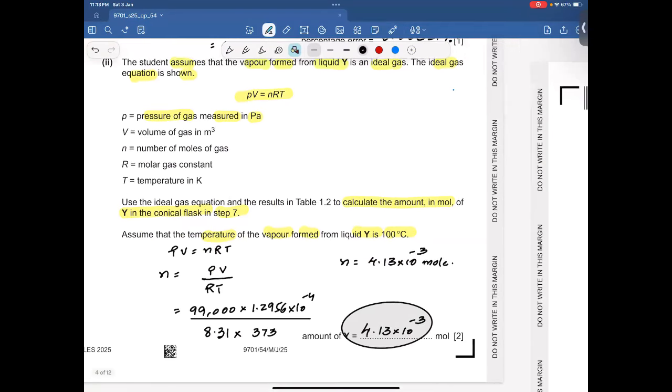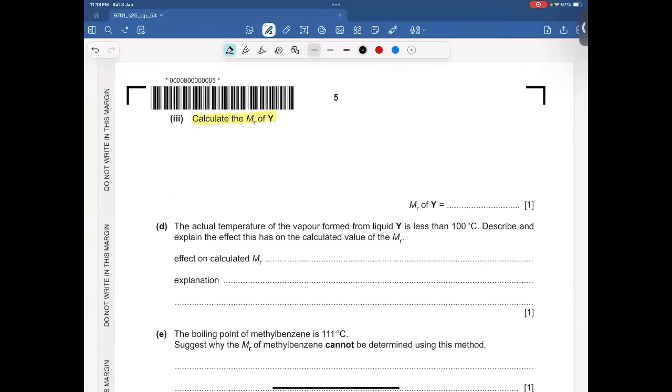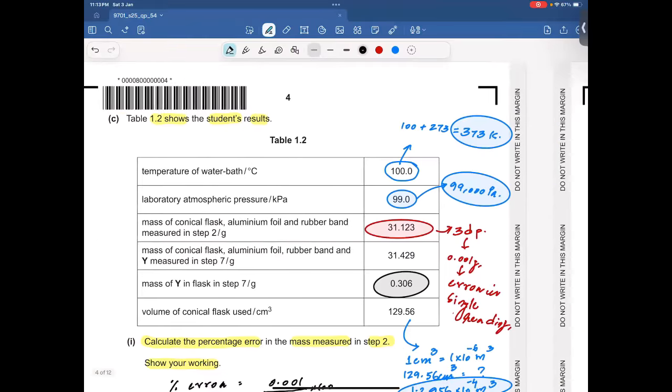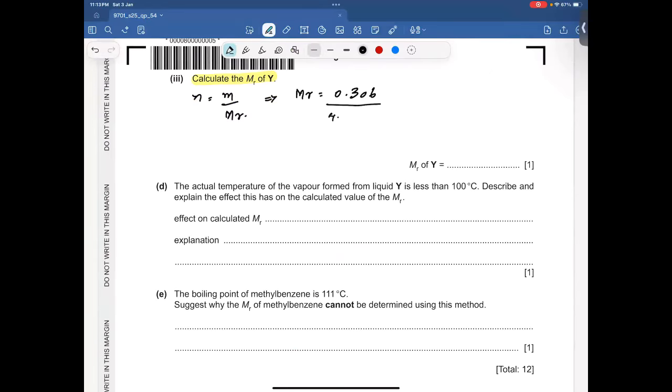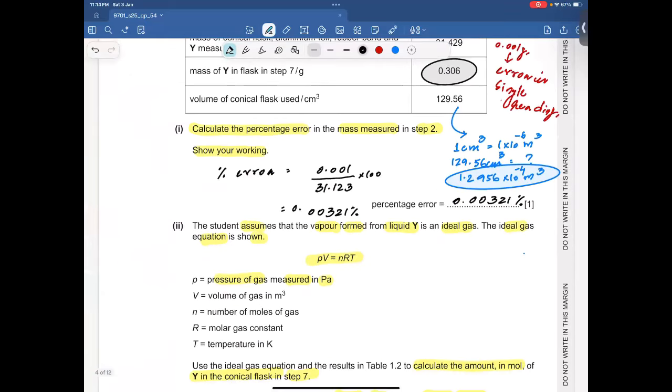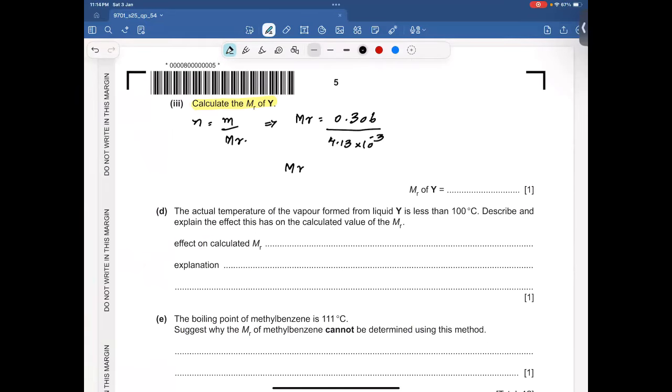Using these two values, I can find the MR. So moles equals mass upon MR. I need to find the MR of Y. So mass is 0.306 gram, and the moles is 4.13 into 10 to the power minus 3. Yes. So the MR of Y is going to be 74.1.